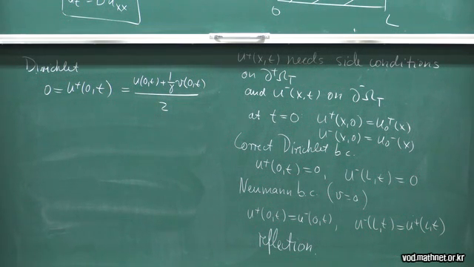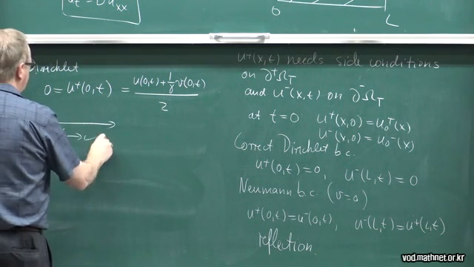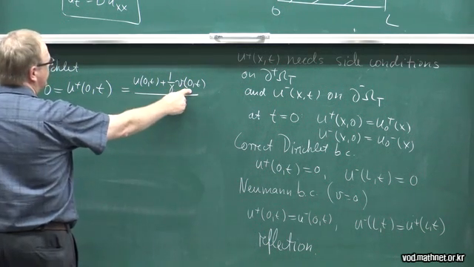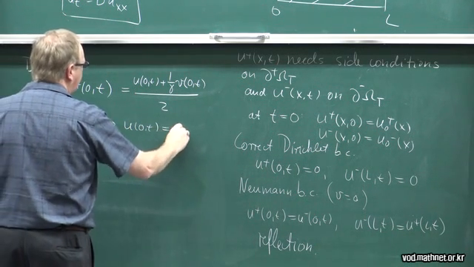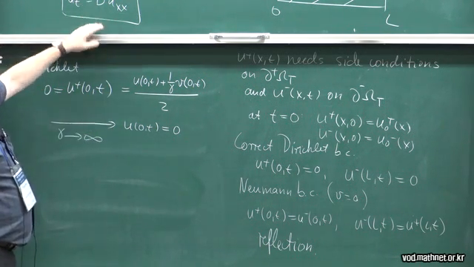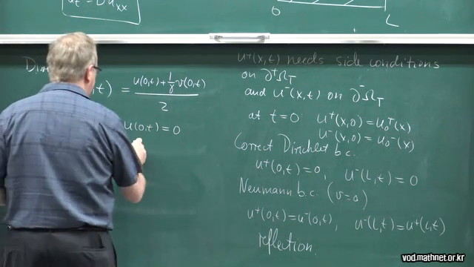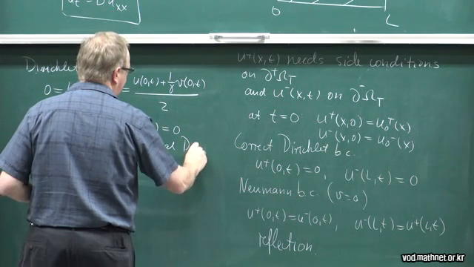So then this is u plus at 0. But now if I make gamma go to infinity, then this term disappears, and we get u at (0,t) is 0. And this is indeed our classical Dirichlet condition. So now this is the boundary condition for this case. So that's perfect. Classical Dirichlet.